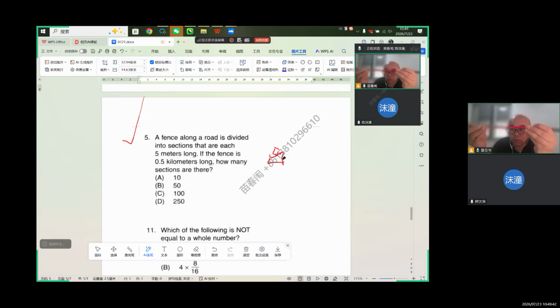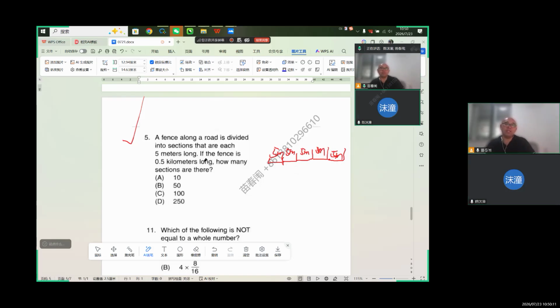Do you see that? 3 pins: 1, 2, and 3. You see? There are more sections. 5 meters, another 5 meters, another 5 meters. Who knows how many meters, how many sections they have? We don't really know. A lot of sections.